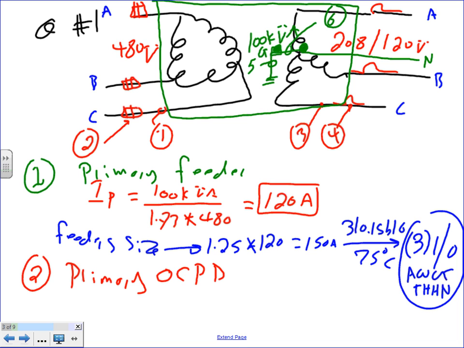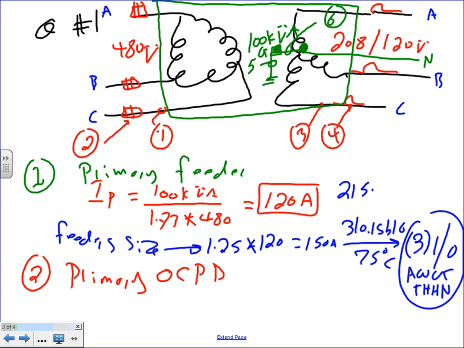It talks a lot about the overcurrent protection device. I could give you this if that will work for you: 215.2(A)(1).